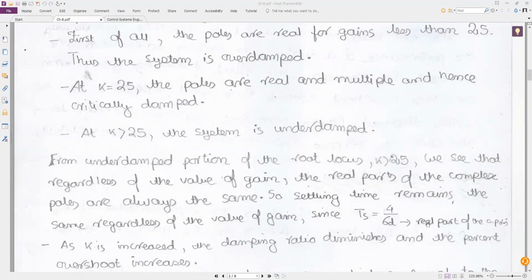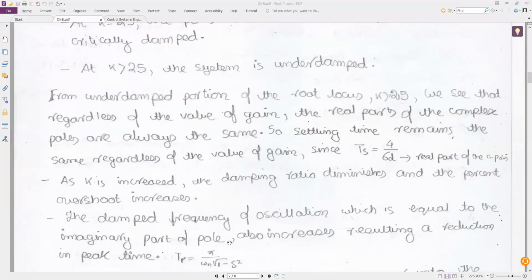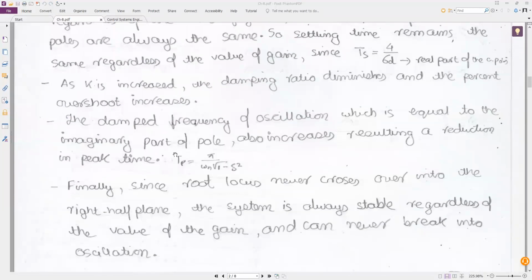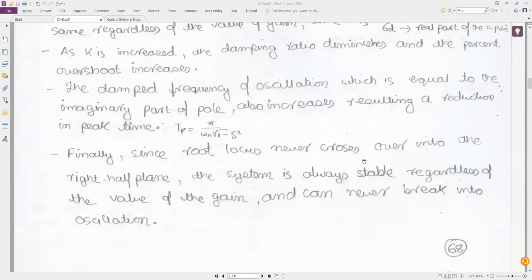If K is increased, the damping ratio diminishes and the percentage overshoot increases. The damped frequency of oscillation, which is equal to the imaginary part of the pole, also increases, resulting in a reduction in peak time. Finally, since the root locus never crosses over into the right half plane, the system is always stable regardless of the value of the gain and can never break into oscillation.